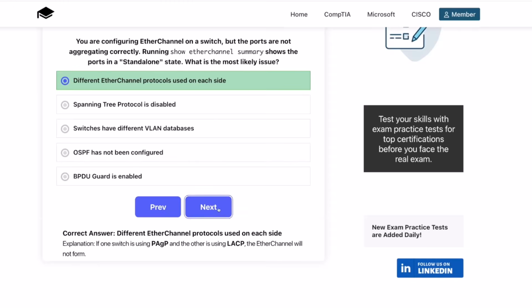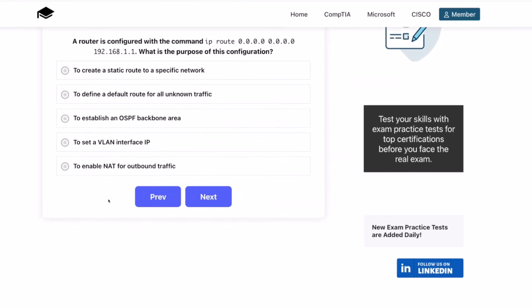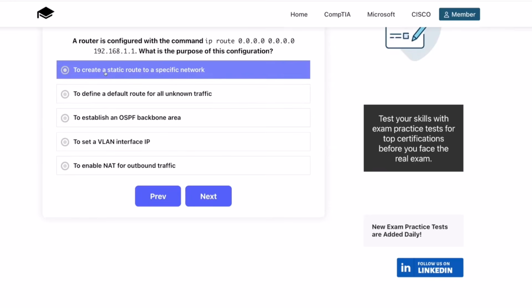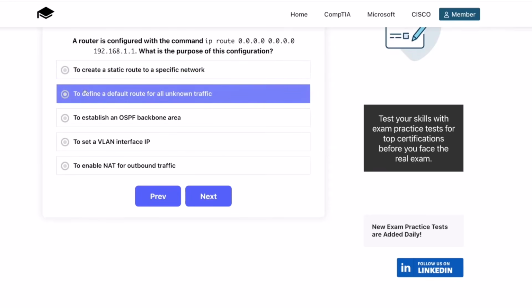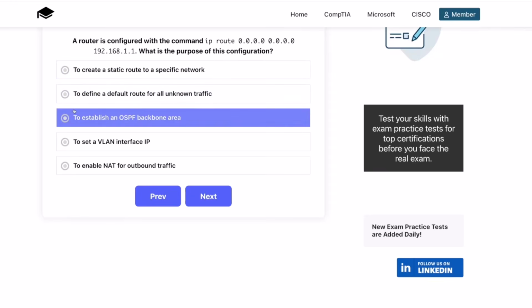All right, question 4. A router is configured with the command IP route 0.0.0.0 0.0.0.0 192.168.1.1. What is the purpose of this configuration? To create a static route to a specific network? To define a default route for all unknown traffic? To establish an OSPF backbone area?